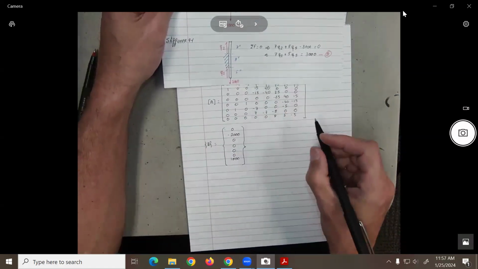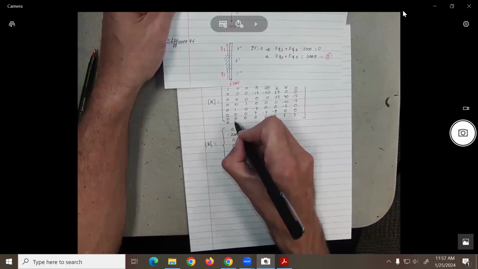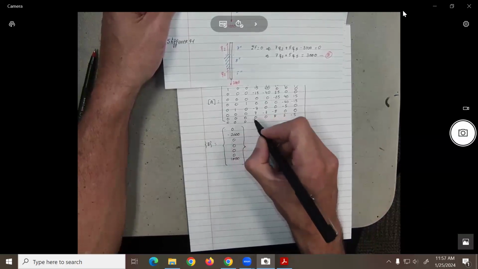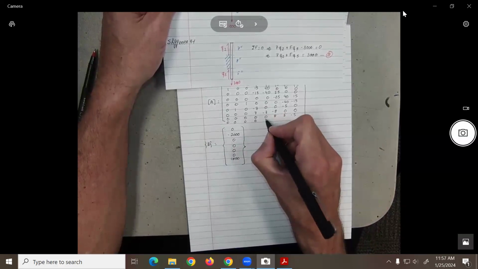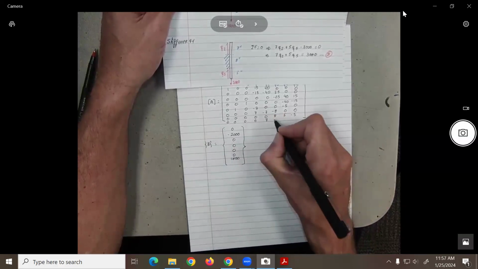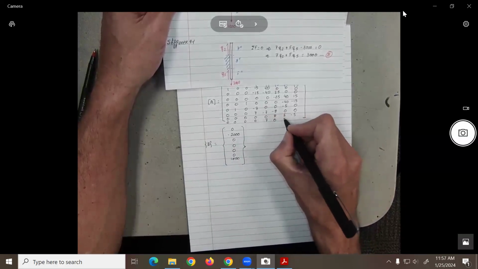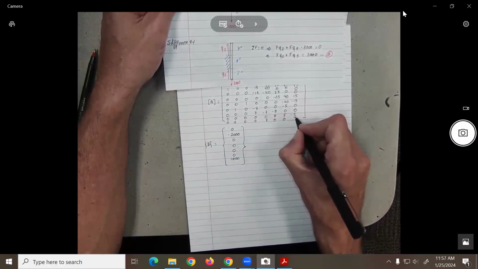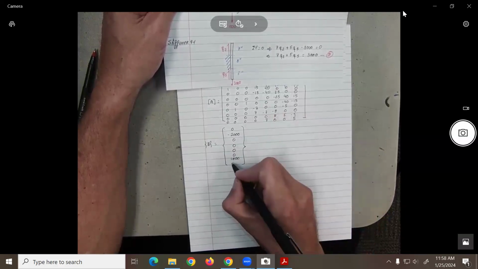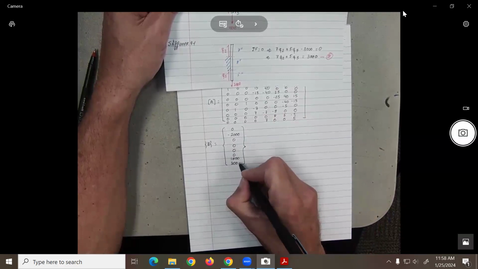And finally, equation 8, no R1, no R2, no R3, no Q1, 7 Q2, no Q3, no Q4, 5 Q5s, and this should be equal to 3000.